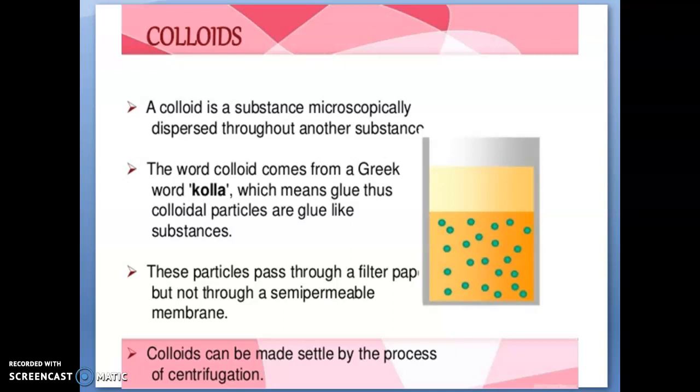Hi students, we are going to move into another chapter, colloids.